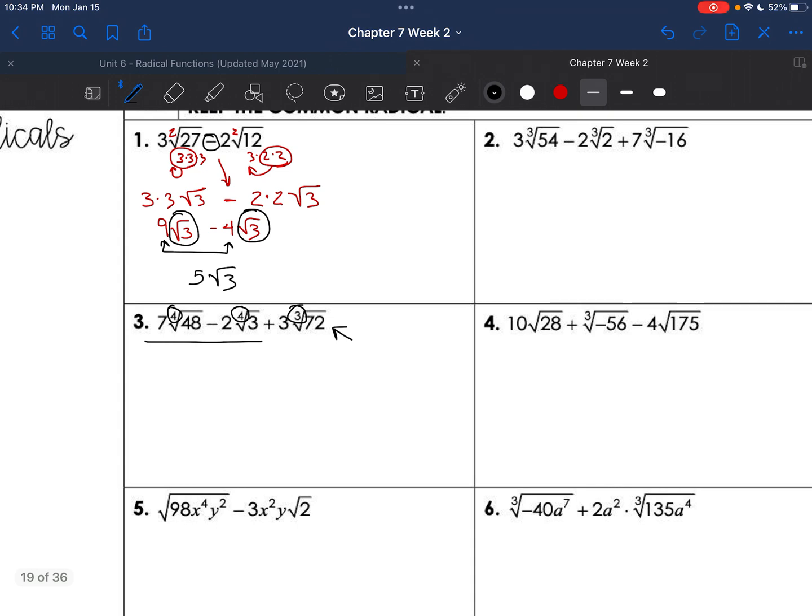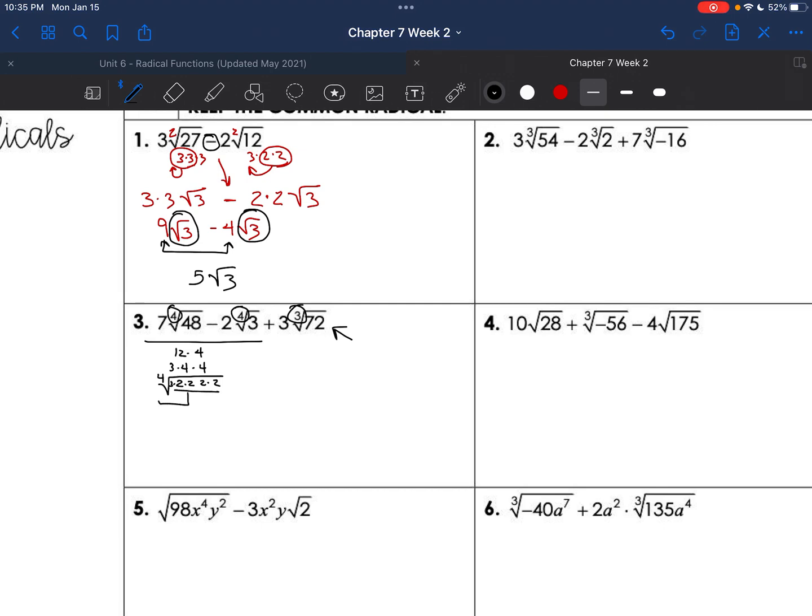So let's look at 48. Well, 48 is 12 times 4, okay? And 12 is 3 times 4. And 4s are 2 times 2 and 2 times 2. So if I'm looking for the 4th root, and I still have that little 3 guy, I needed 4.